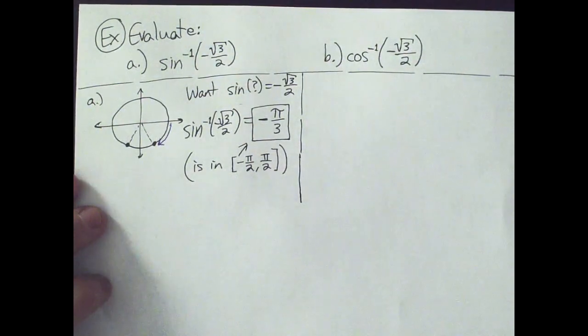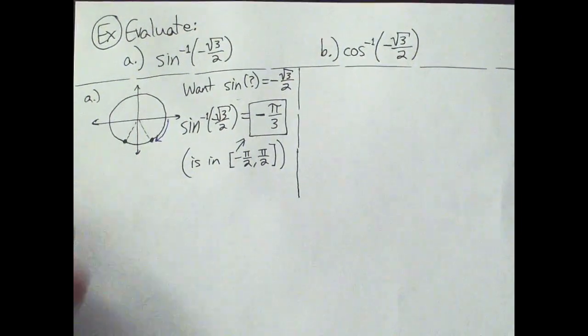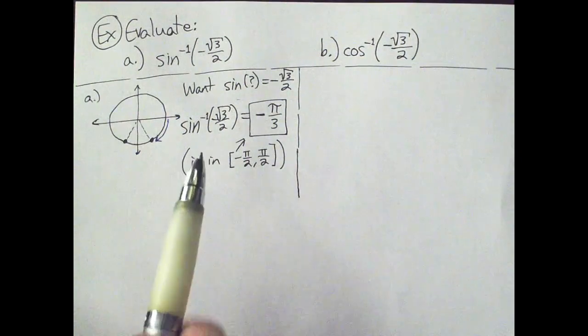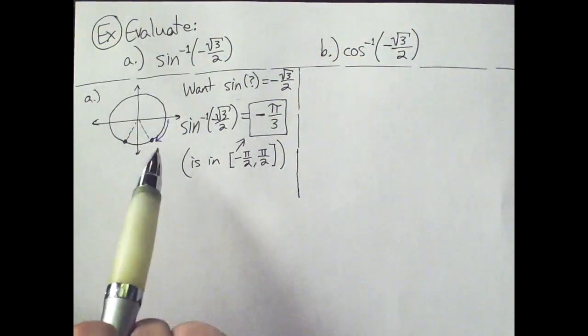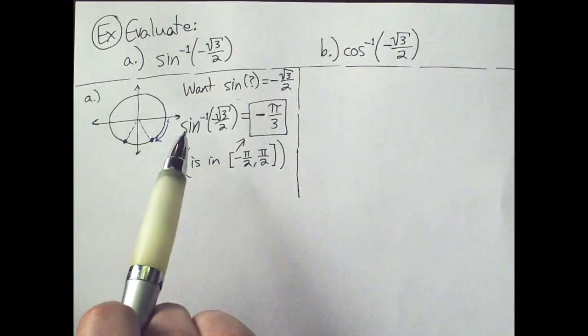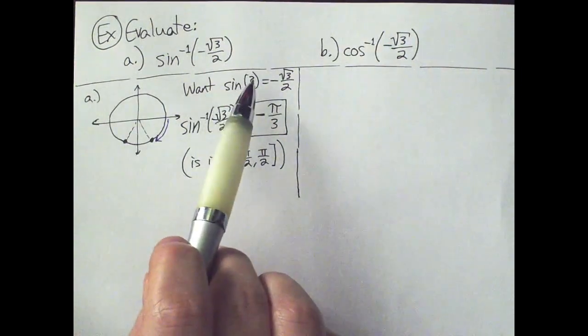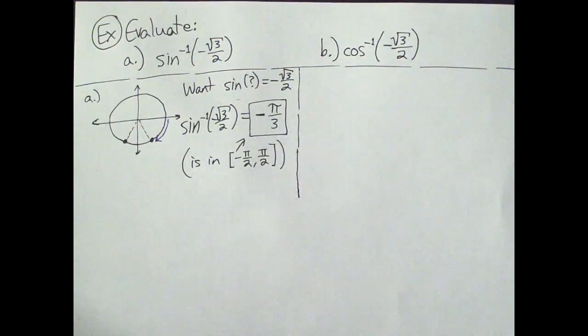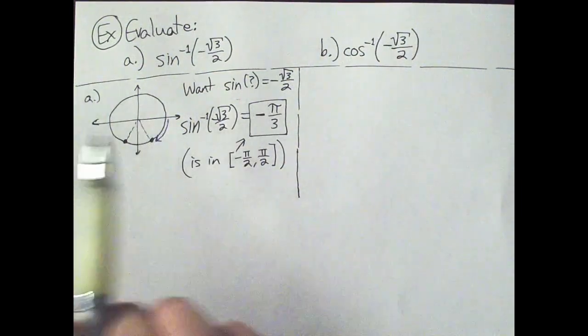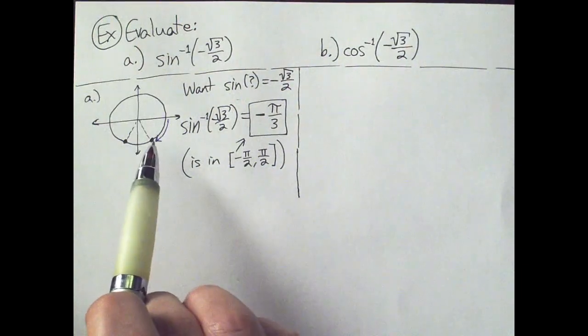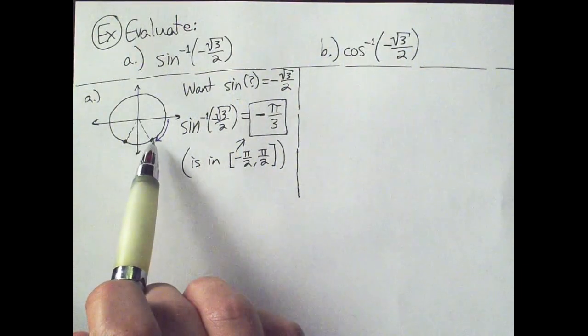What do you think? Does that make sense? I realize this is a pre-recorded video, so sometimes I just ask rhetorical questions. This makes sense because we're looking for a place on the unit circle that when I take sine of it, I get negative square root of 3 over 2, and I think about common values that we know, and where on the unit circle we need to be.